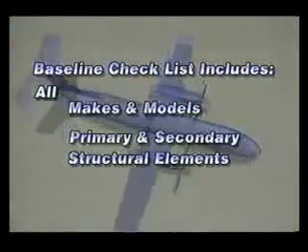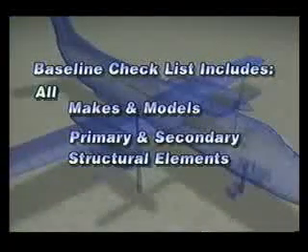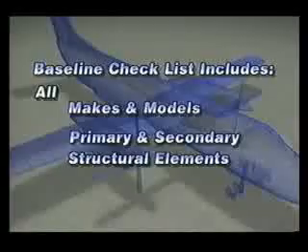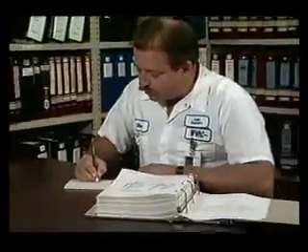Prior to the initial baseline inspection, develop a checklist for all of your aircraft makes and models. This checklist should include all primary and secondary structural elements. In addition, include any areas or structures which have proven to be corrosion trouble spots on the aircraft.